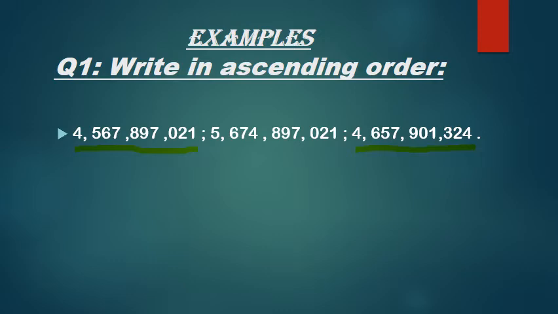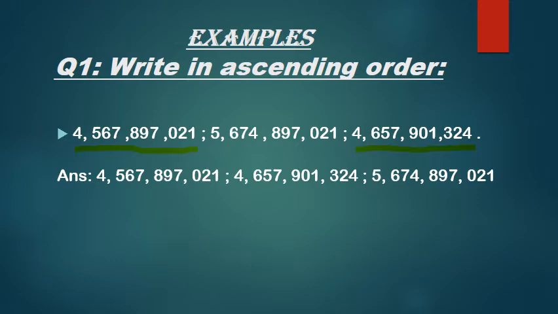So, first write 4,567,897,021, and then we will write 4,657,901,324, and lastly the larger number, that is 5,674,897,021. So, finally, the numbers are arranged in ascending order.